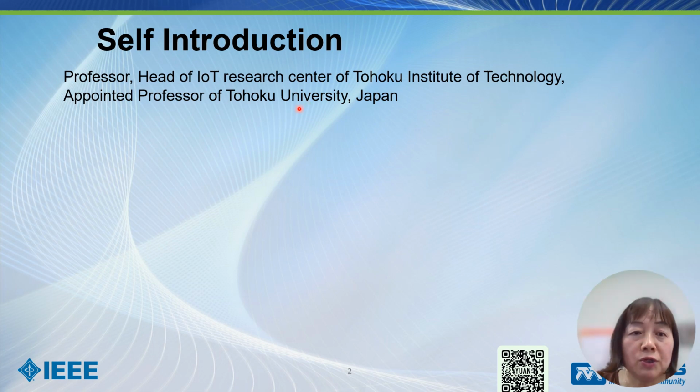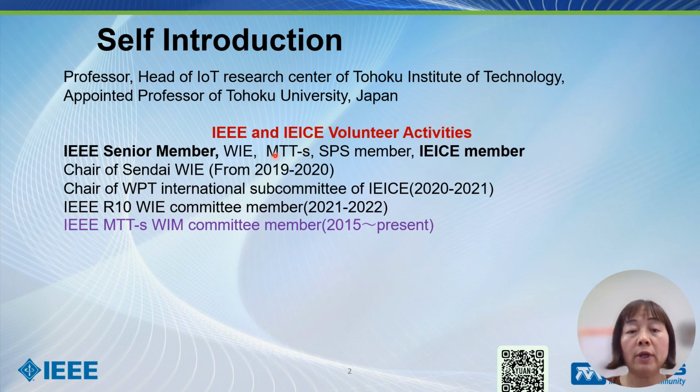Let me introduce myself briefly. I'm a professor and also the head of the IoT Research Center of Tohoku Institute of Technology. I also serve as an appointed professor at Tohoku University of Japan. Here are my volunteer activities for IEEE and IEICE of Japan.